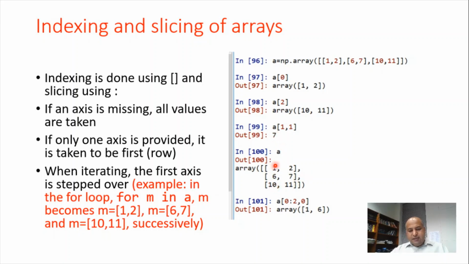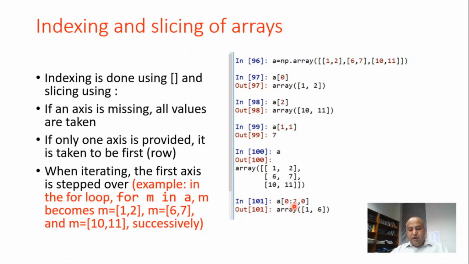Similarly, we can select a bunch of elements, which is called slicing in Python. So we can slice through any axis. For example, over here, I'm slicing through the first axis from 0 to 2, which actually means 0 to 1, because I hope you still remember that when we specify the index like this, it goes from 0 to whatever is specified here minus 1.